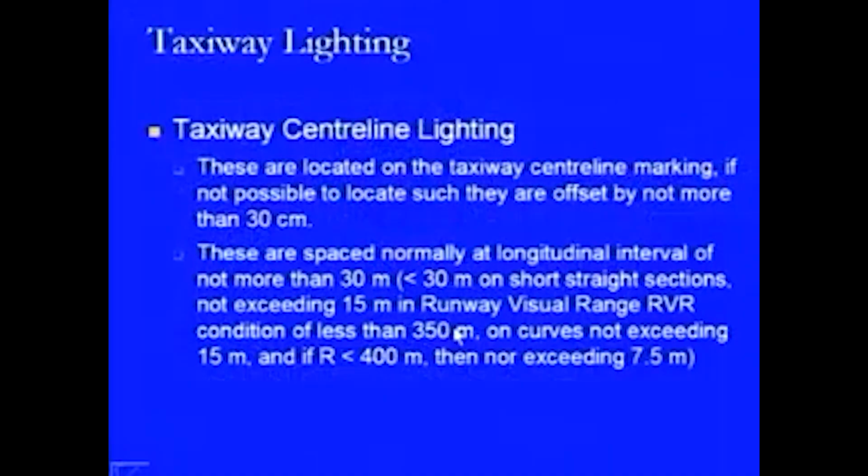These are spaced normally at longitudinal intervals of not more than 30 meters, and less than 30 meters on short straight sections not exceeding 15 meters in runway visual range, that is RVR condition of less than 350 meters. On curves not exceeding 15 meters, and if the radius is less than 400 meters, then not exceeding 7.5 meters.